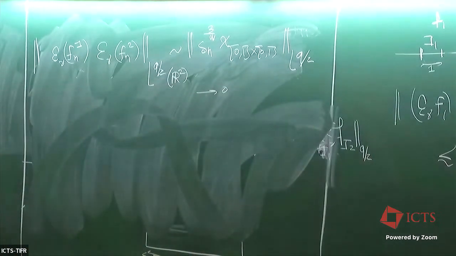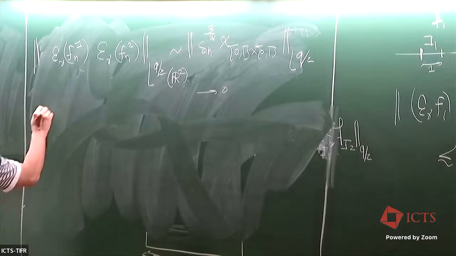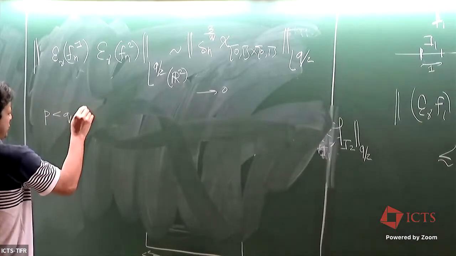So these two functions have disjoint supports on the frequency side, and the Fourier extensions also have essentially disjoint support on the Fourier side. That's not possible. If I want my function to optimize this inequality, that's not possible. And the heuristic is that p is less than q. This is called strict convexity.